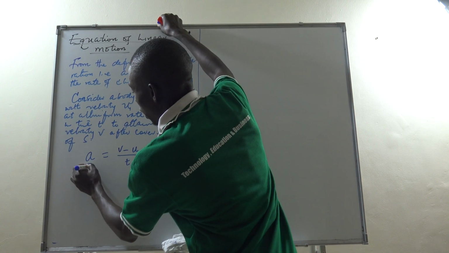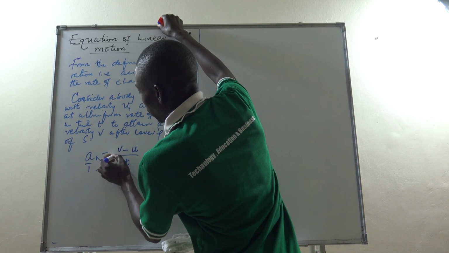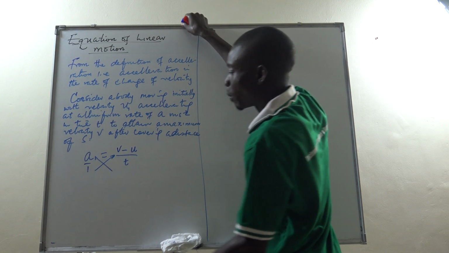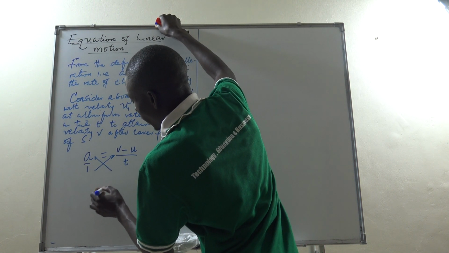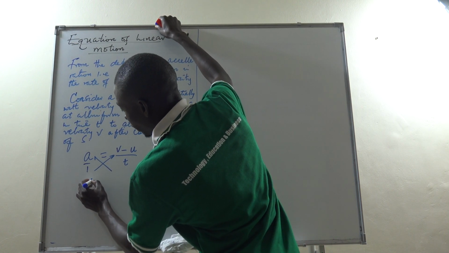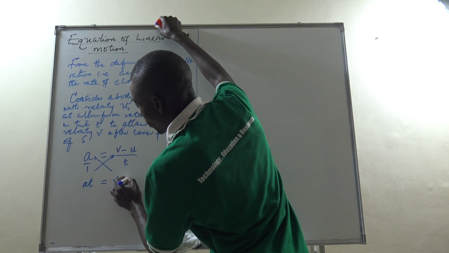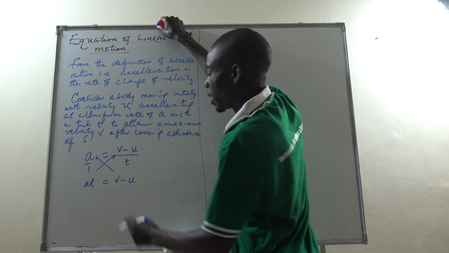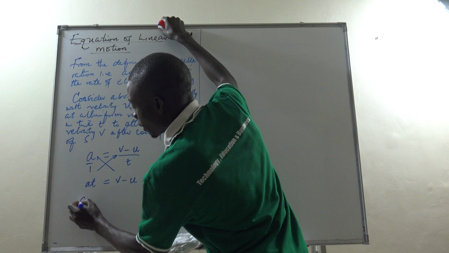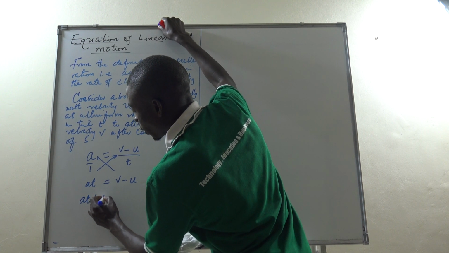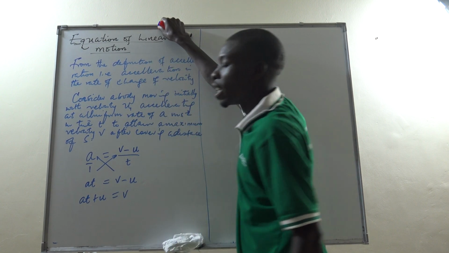Now, if I cross multiply, I will say at equals v minus u. Then if I take u to this side, at plus u equals v.